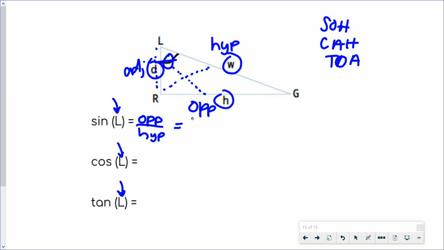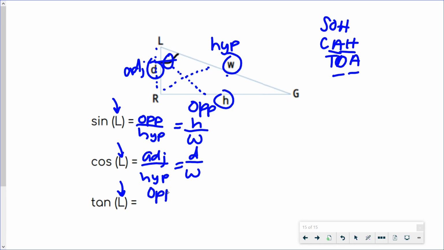My opposite value is H. My hypotenuse value is W. Cosine is adjacent over hypotenuse, which is equal to D over W. And then tangent is opposite over adjacent. So I get H over D. And so those fractions relate the sides to get the angle measure of our triangle.